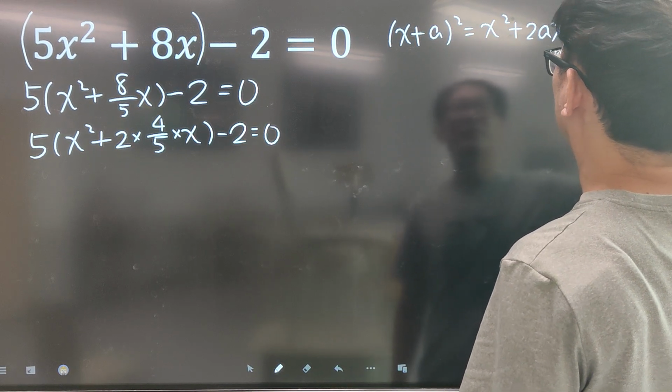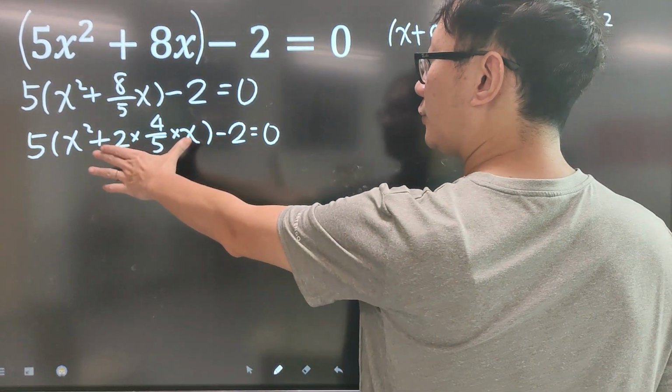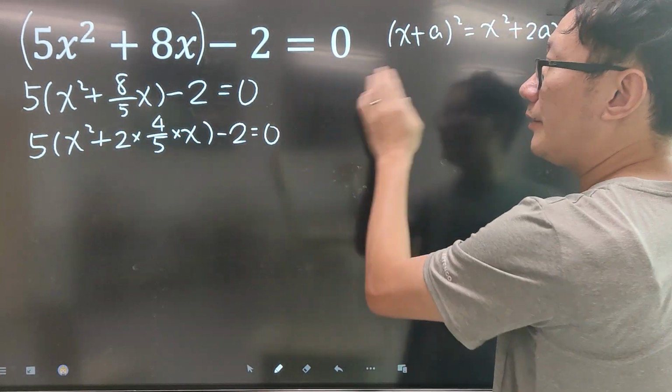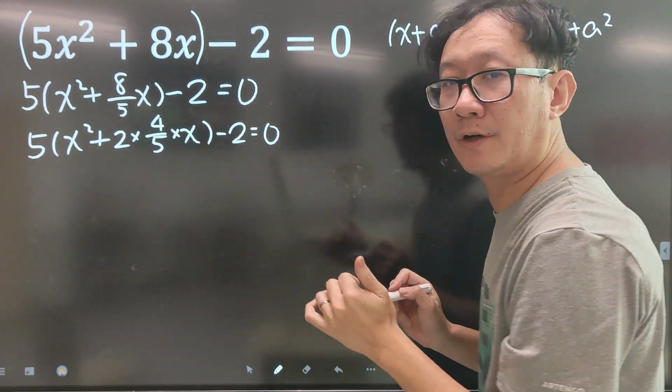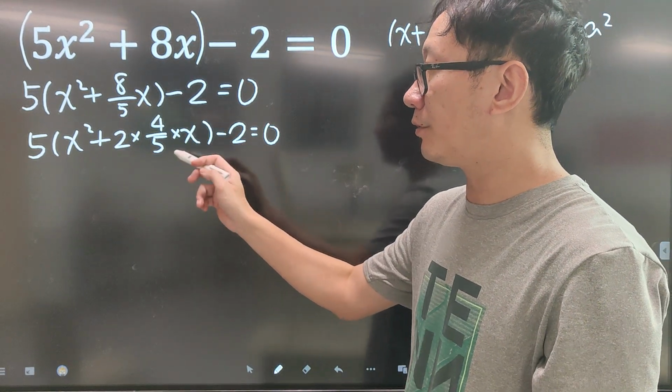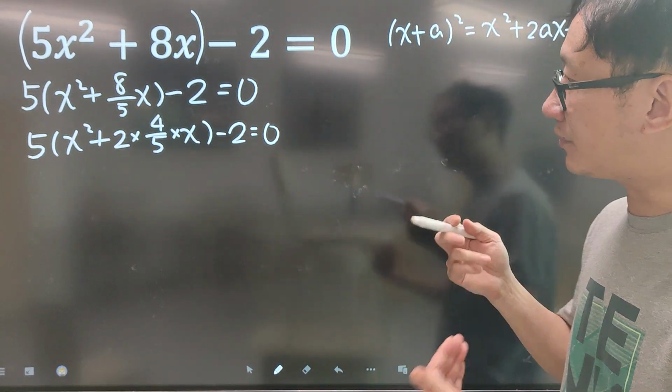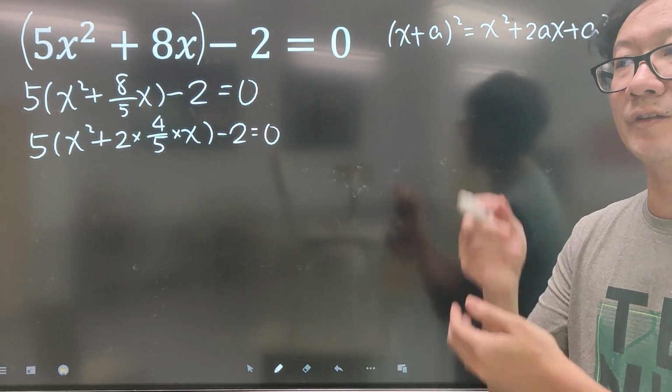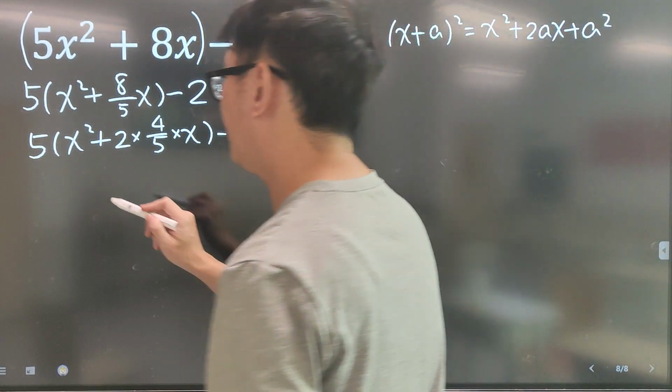If I compare this with the first two terms here, it means my a is 4 over 5. So I want to add the square of 4 over 5 at the end. The square of 4 over 5 is 16 over 25.